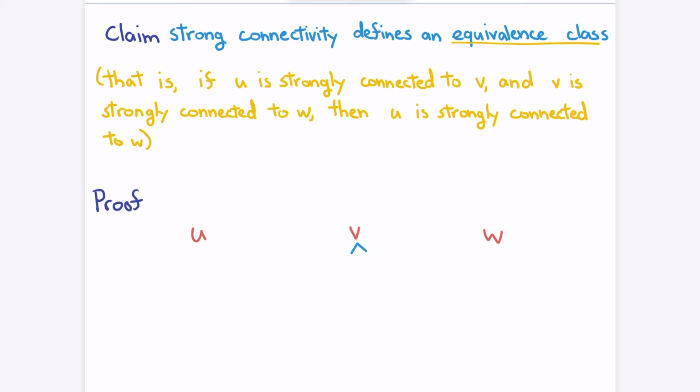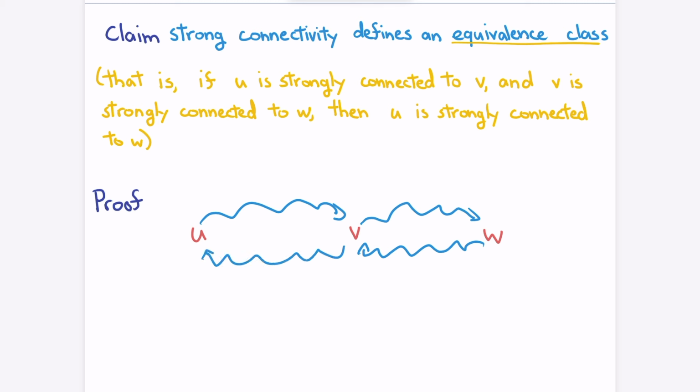Okay, so I want to claim that if A is strongly connected to B and B is strongly connected to C, then A and C are strongly connected. If U can somehow reach V, and V can somehow reach W, and W can somehow reach V, and V can somehow reach U, that's all we know going in.